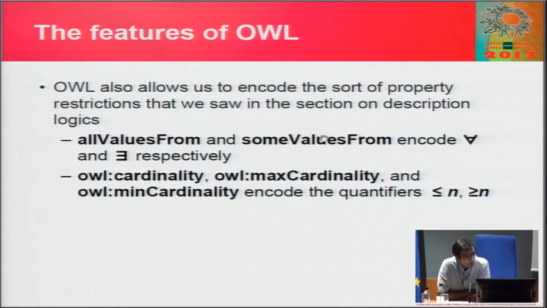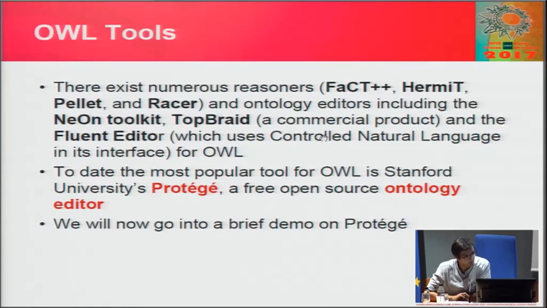And again, OWL allows us to encode the sort of property restrictions that we saw in the previous section on description logics. So all values from encodes for all, and some values from encodes exists. And then again, we can use cardinality, max cardinality and min cardinality to encode the quantifiers that we saw earlier.